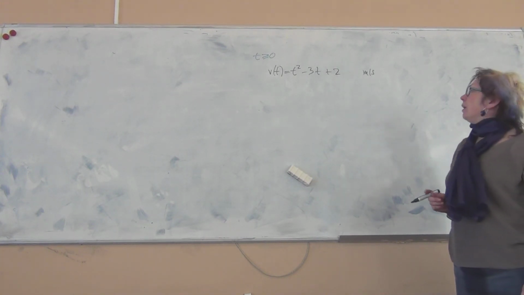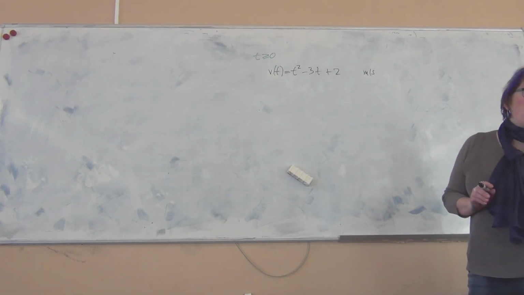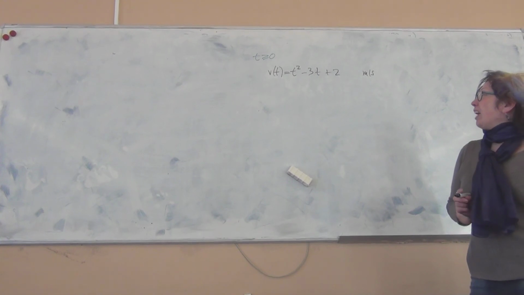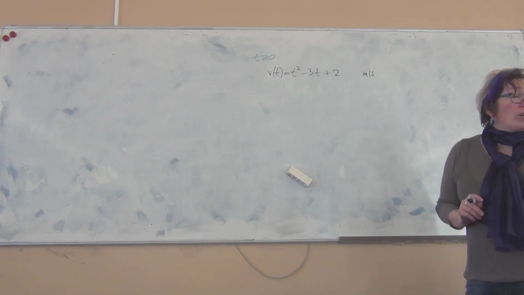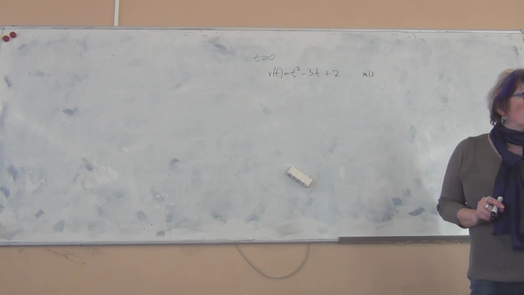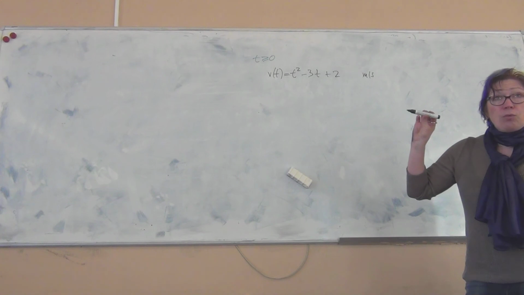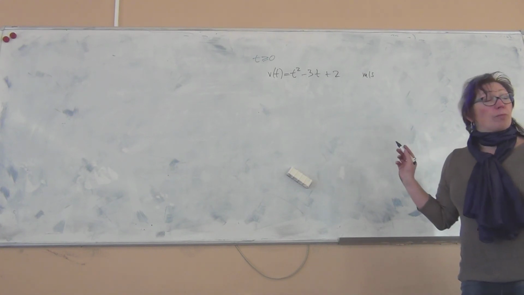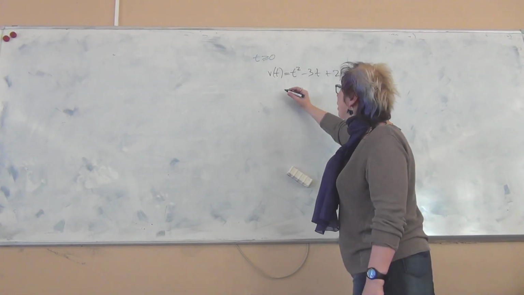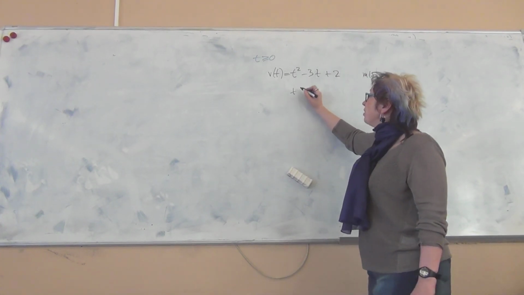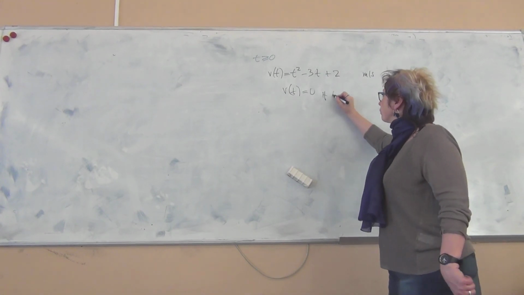So let's have a look at what is going on there. First of all, let's find at which time moments this particle or object changes direction. That happens when the velocity is zero between plus and minus signs. So one thing we have to do is find at which time moments the velocity is zero.